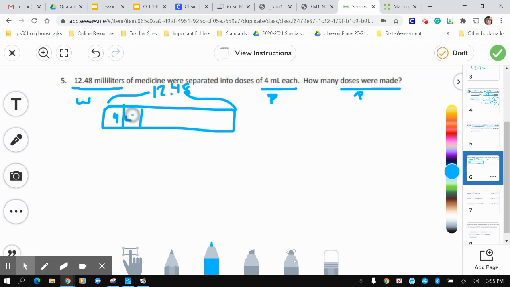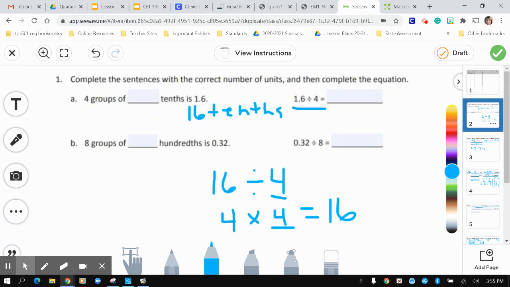Well, then they make another and it's 4, and they make another and it's 4. What we don't know is how many copies of that they could make. So we don't know the number of copies. Just like at the beginning, we didn't know how many groups that they could make of 8.